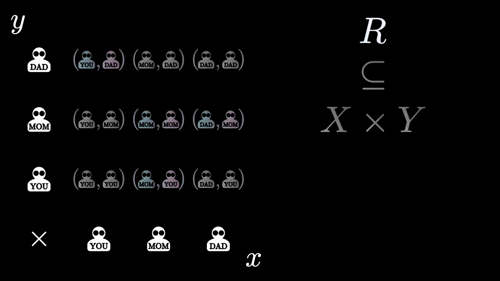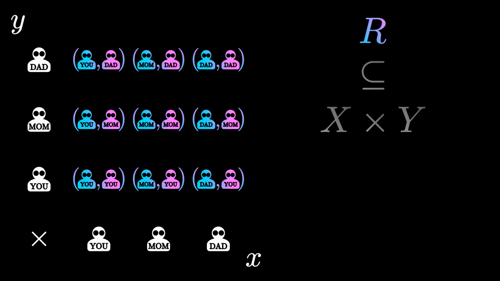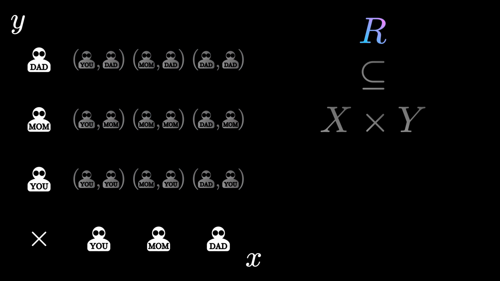For instance, we could pick out only these pairs. But we could also choose all pairs, or none of them, because the empty set is a subset of every set and therefore a relation as well. However, randomly selecting any pairs is not that exciting. It is more interesting to choose those whose elements, as the name relation suggests, are in some way related to each other.